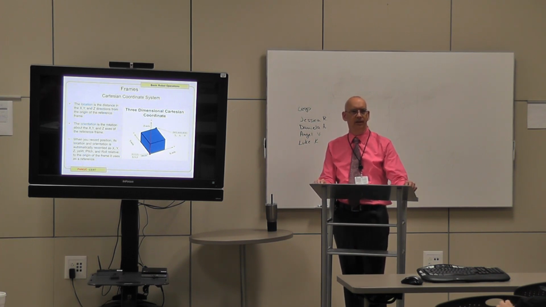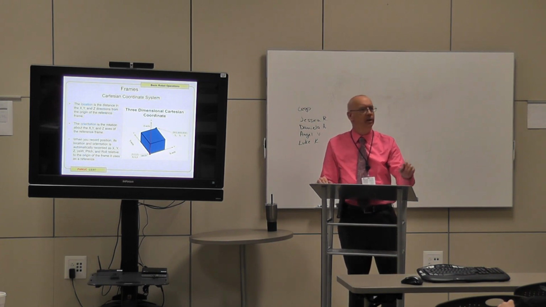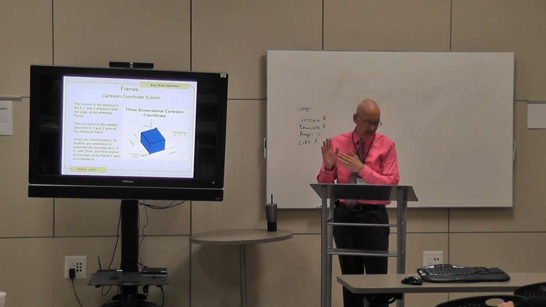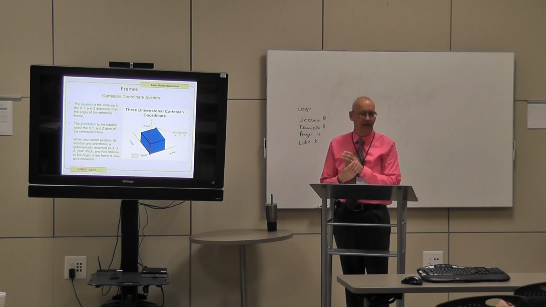The small X, Y, Z in Cartesian, what do we remember that by? Yaw, pitch, roll? Yaw, pitch, and roll. Okay? The yaw, pitch, and roll. So when we record the position, its location and orientation is automatically recorded as X, Y, Z, yaw, pitch, roll relative to the origin of the frame it uses as a reference.